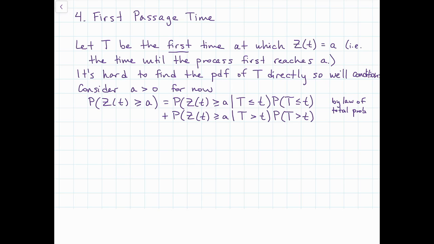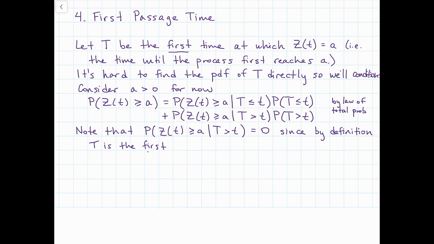So a couple of things to notice here. First of all, if we look at the probability of z of t being greater than or equal to a, given capital T is greater than little t, that is going to be 0. And it's 0 because we've defined capital T to be the first time we get to the value of a.